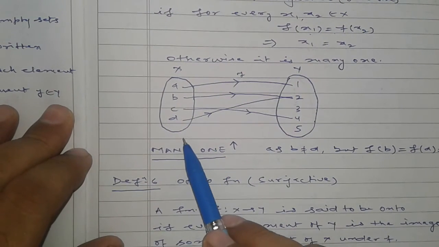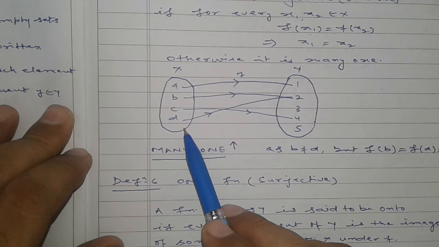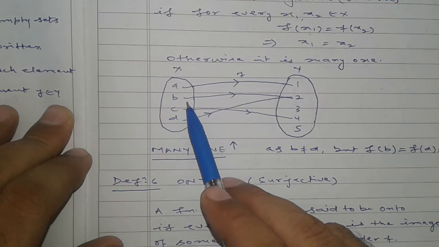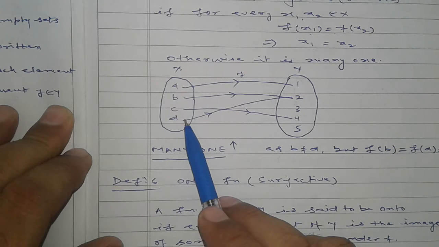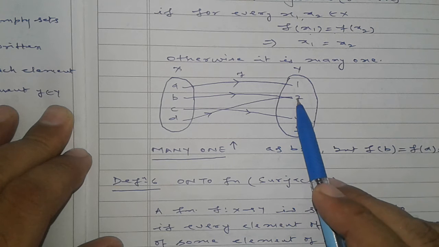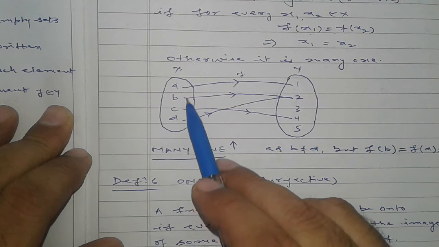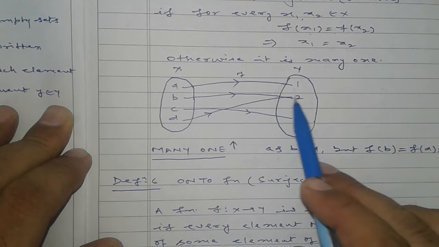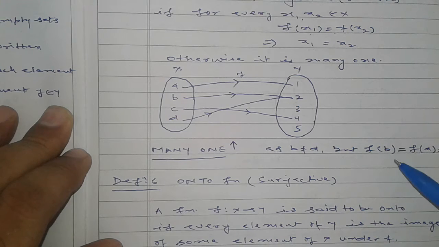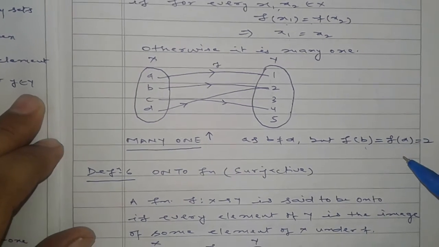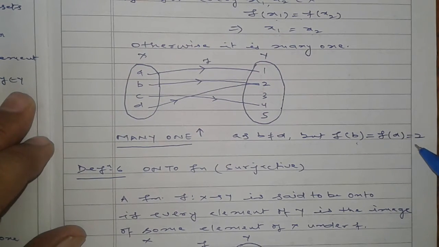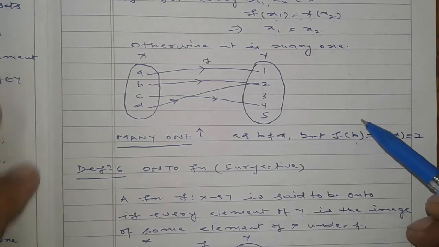If you see, there are two elements in x, b and d, which have the same image 2 in y. So this is called many-one, means b and d both are different but they have the same image 2. f of b and f of d is both equal to 2, so it is many-one function.